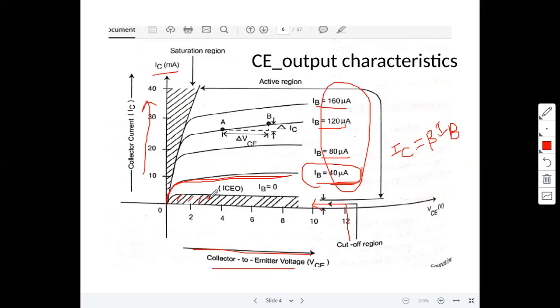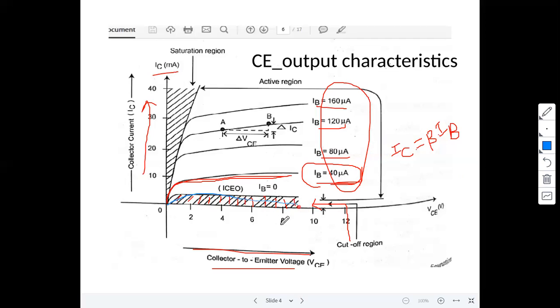In reverse bias, only reverse saturation current flows through the transistor. That is leakage current. Later on we will discuss what leakage current is. Generally, leakage current flows through the diode or transistor when they are in reverse bias or in the cutoff region.